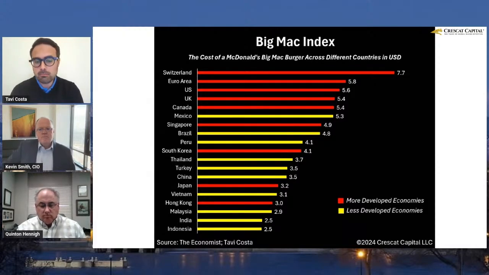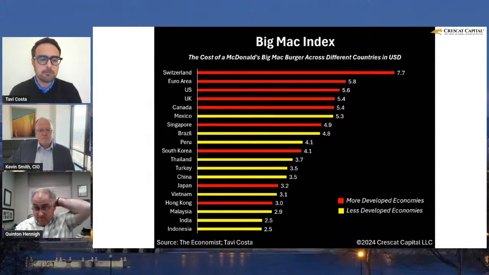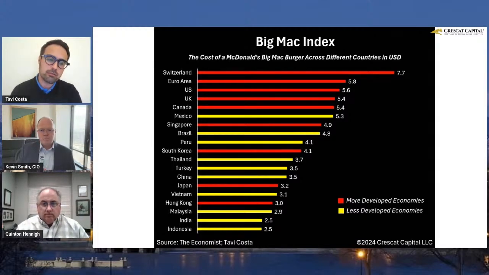And look, I am from Brazil. I go to Brazil every year, sometimes multiple times a year. And what I realized is that for the first time, at least in my lifetime, I'm seeing the cost of living in the U.S. being more expensive than living in Brazil. And not only from a dollar perspective.